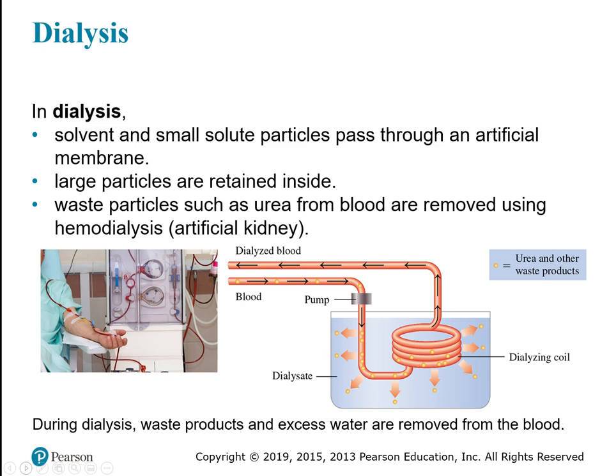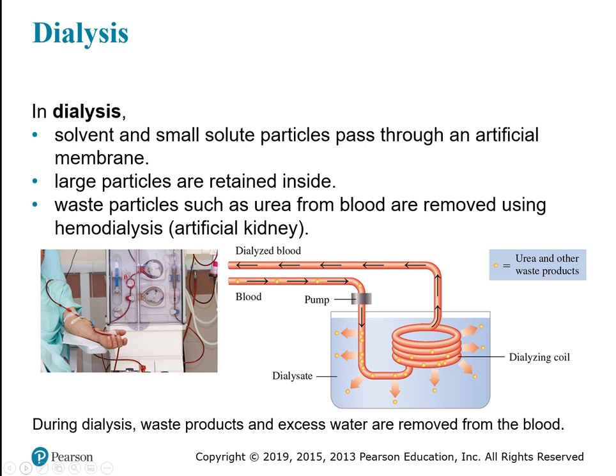Now, you may have heard of dialysis if you have an older family member. Sometimes organs fail, like kidneys, and they have to undergo what's called dialysis. That is when you pass bodily fluids through an artificial membrane, and the large particles are retained. And waste particles like urea and things like that are removed.